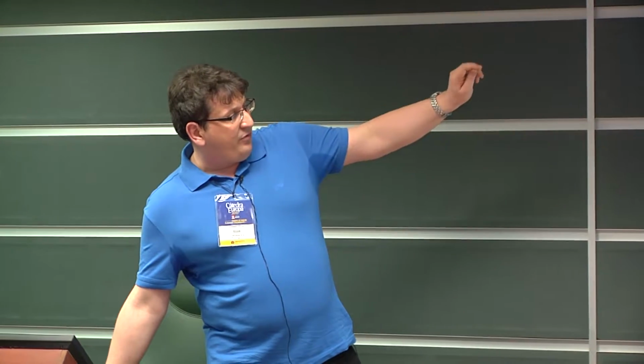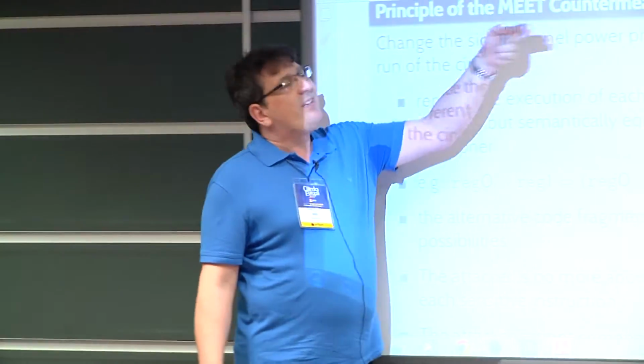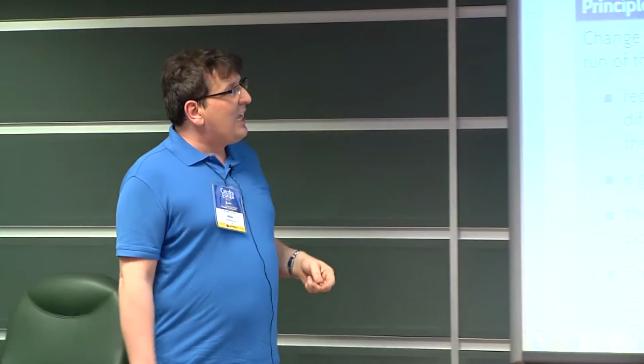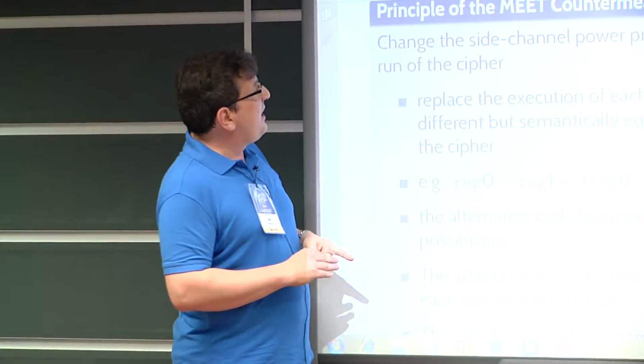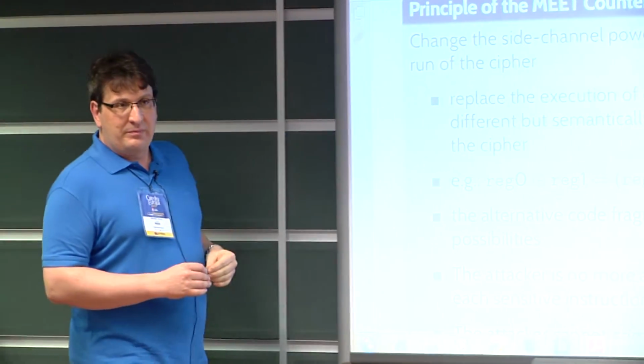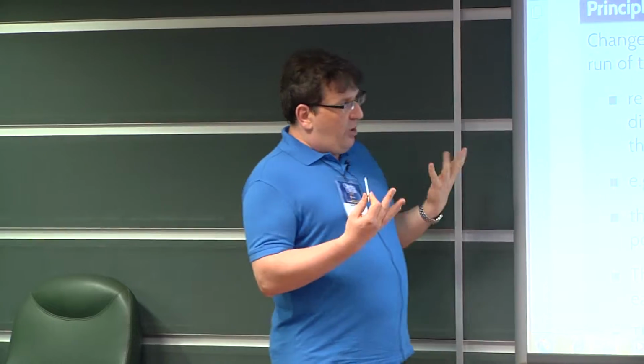So, given this workflow, the principle of the countermeasure is to change the side channel power profile of the cryptographic code at every run of the cipher. How do we obtain this?